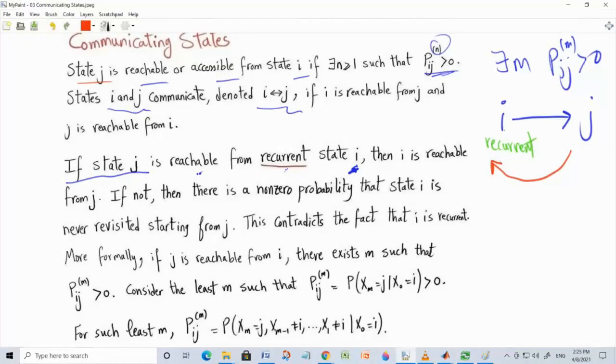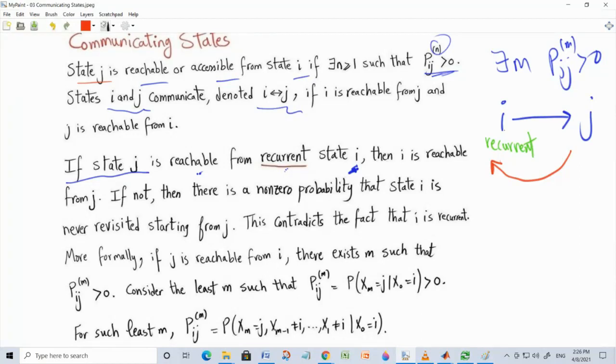And the reason for this is that if going from j to i happens with probability 0, then if you are in state i, with non-zero probability you will go to j, and then from j you will never go back to i.